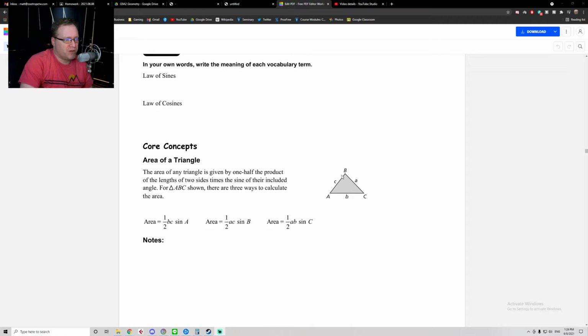So if we know in this example here how long this side is, and how long this side is, and we know the angle between those two sides, then we can find the area using this formula. It's 1/2 times this side, and then the sine of this angle.